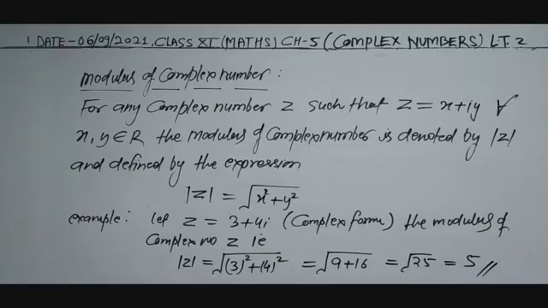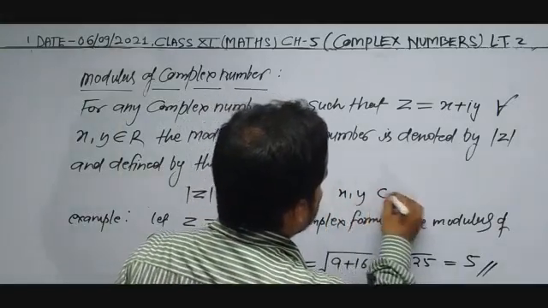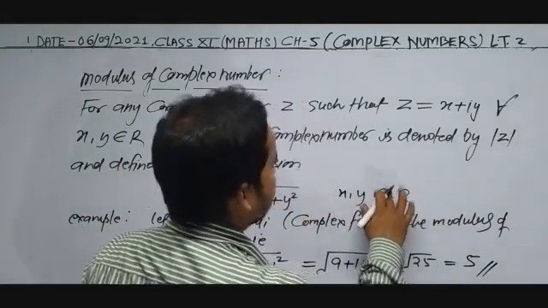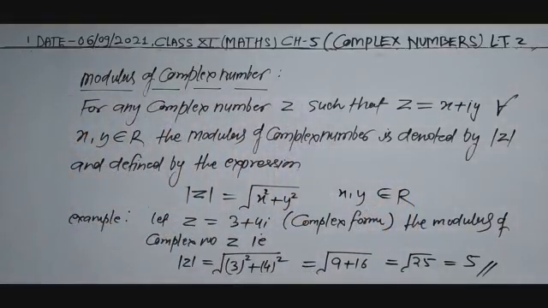In this expression, x, y belong to real. So for any complex number given, that is 3 plus 4i, the modulus will be 9 plus 16 under the square root. The result you will get is 5. Now this is completed.